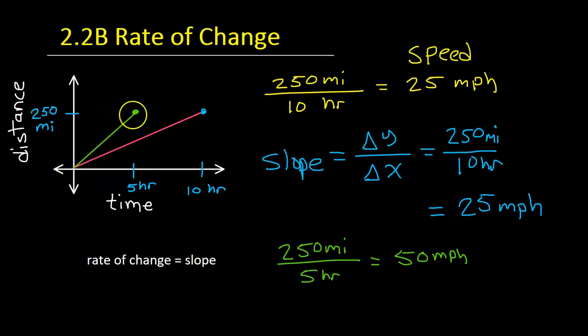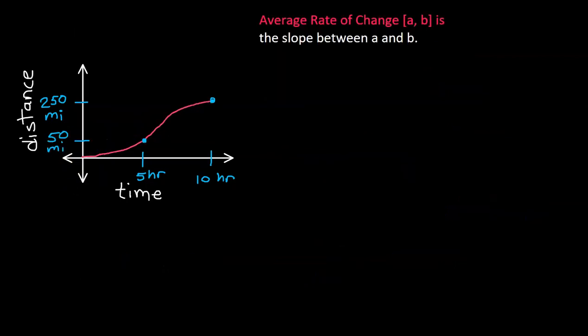And during the course of a journey, it'll be going slower sometimes and faster other times. Notice that this graph is showing different slopes during different parts of the journey. That indicates that the speed is changing as we move throughout this graph.